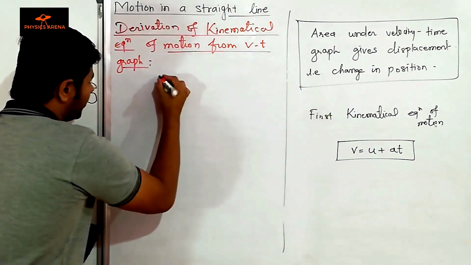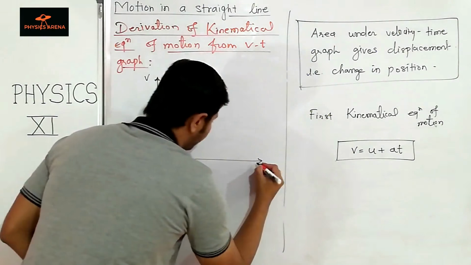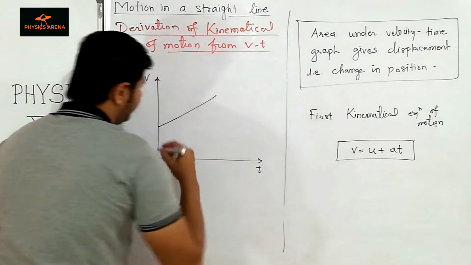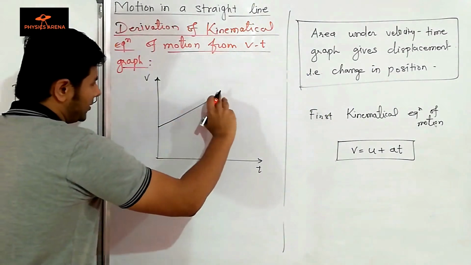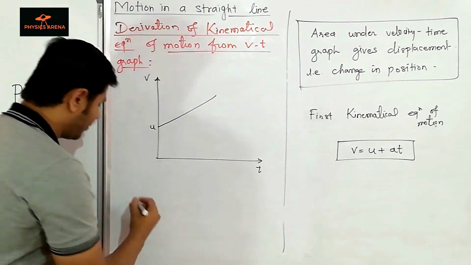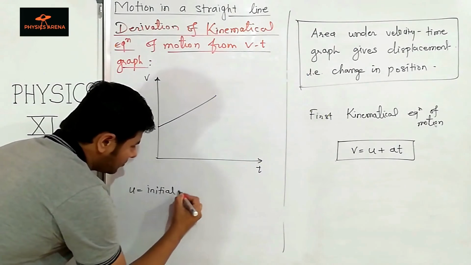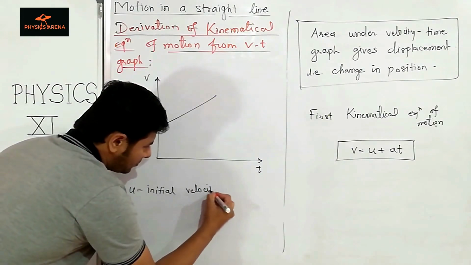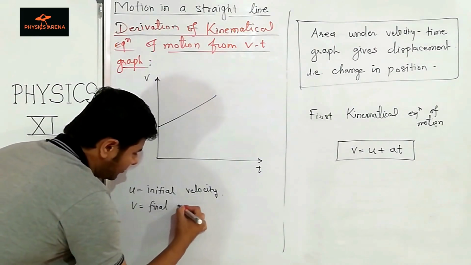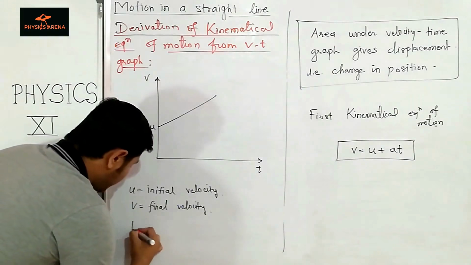So let me draw this graph, the velocity versus time graph, for the case of uniformly accelerated motion. And let's limit this graph up to this point. So this is my starting velocity, u is the initial velocity. Let's take v as some final velocity, and t is time.